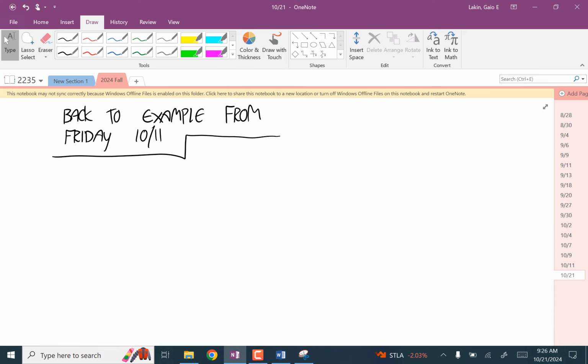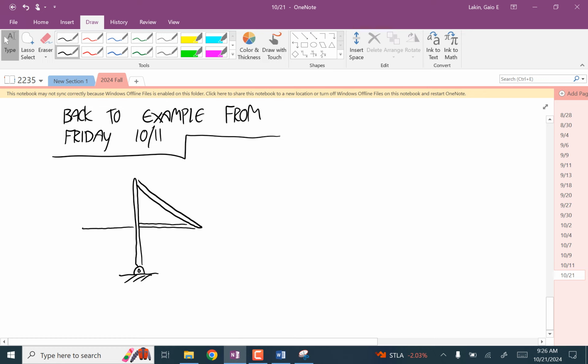Okay, so we had this example that was like a figure 4 shape, with a pin and slot joint over here, and a 500 Newton force there.